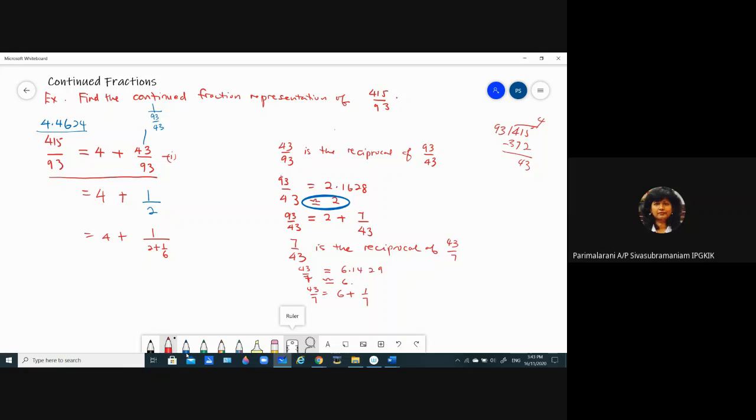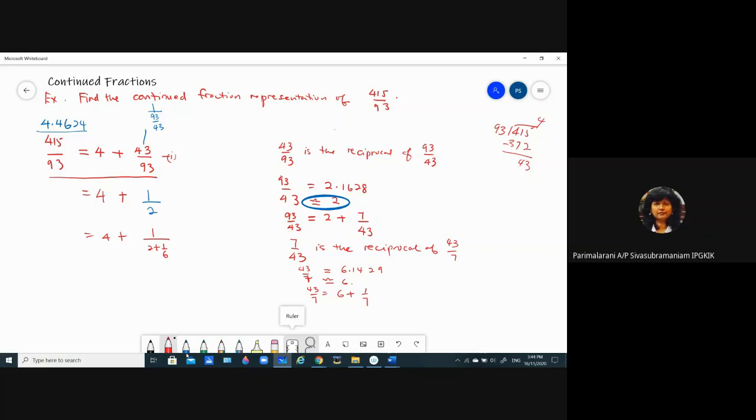Because this is 4 plus 1 over 2, right? Now, instead of saying this is 1 over 2, we're looking at this number: 2 plus this, which is 7 over 43. And it is 6 plus 1 over 7, so approximately 6.